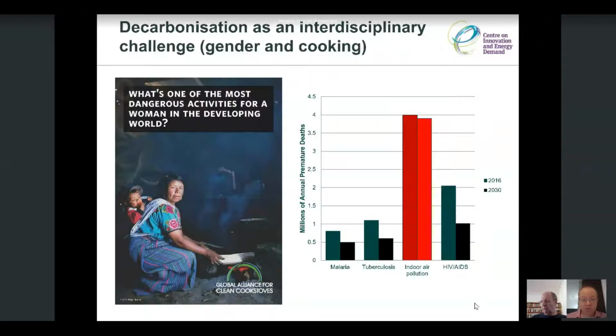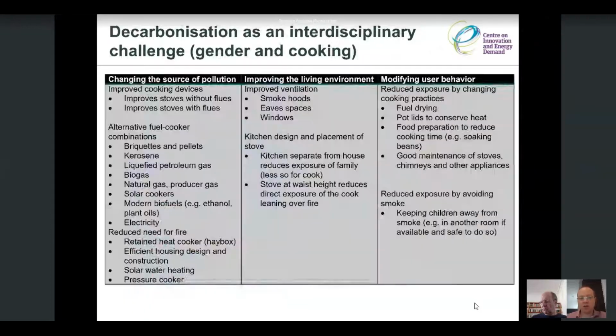So tackling this type of challenge requires interdisciplinarity among these dimensions. This is from the World Health Organization. We need the engineers and the fuel scientists to talk about how we change combustion and sources of pollution, to work with the architects and the sociologists about how we change the living environment, and also to work with psychologists, social scientists, and anthropologists about how we change behavior.